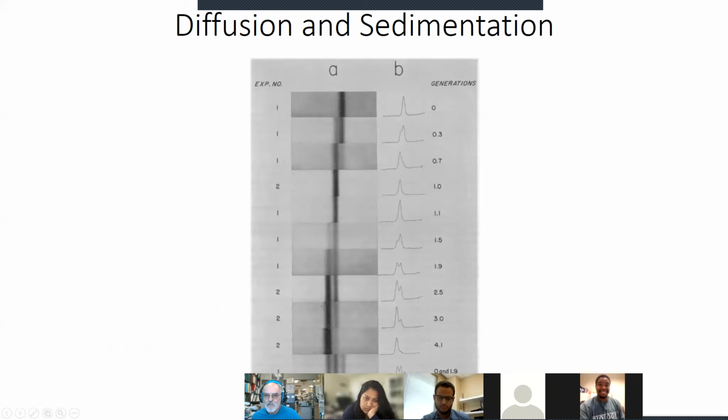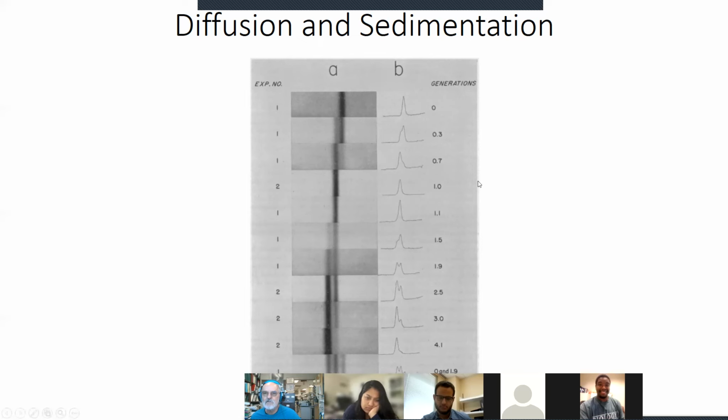That's why when you mix different materials, you see 3 total bands. You see the N15 band, you see the N14 band, and you see a central band, which is the N14, N15 band.